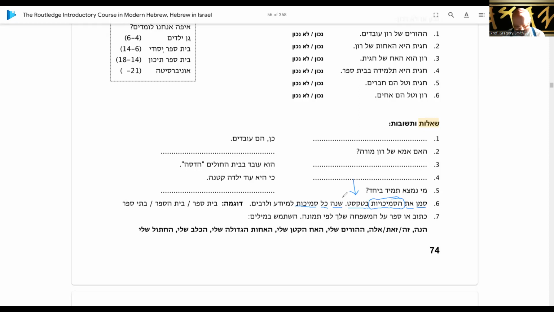Well, I tell you what, I ran into a tough one here. Change any adjacencies. Shanna kol semikhot. But this looks like, yeah, semikhot. Lamiyuda.